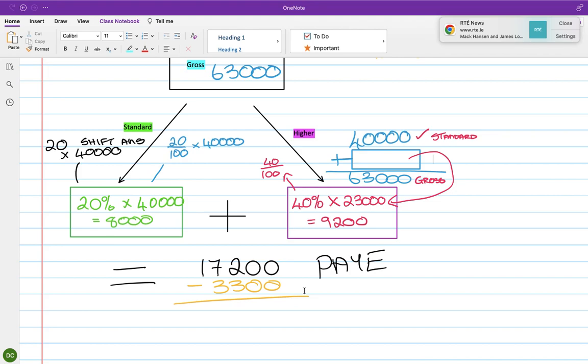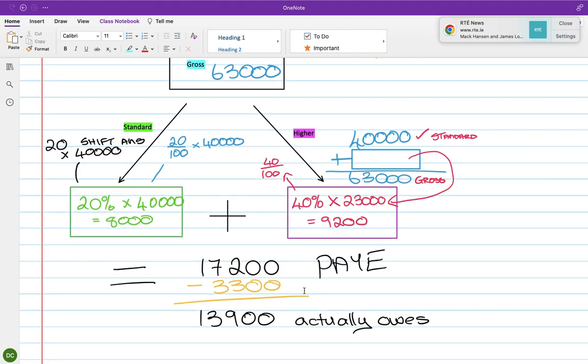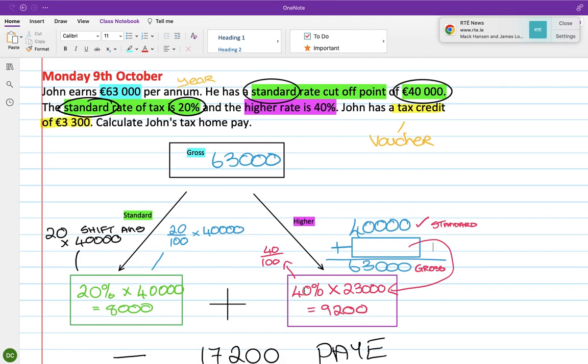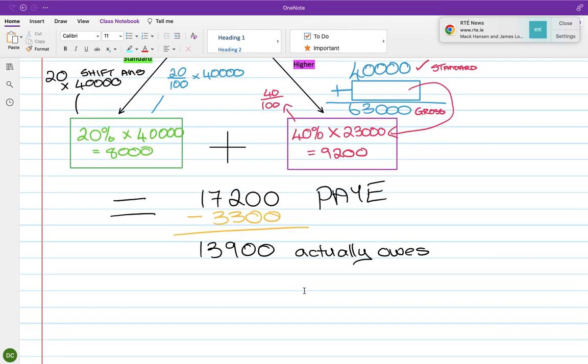So how much does he actually owe? 13,900. Is what he actually owes the government. So then the question is calculate John's take-home pay. So how much does he earn? 63,000.